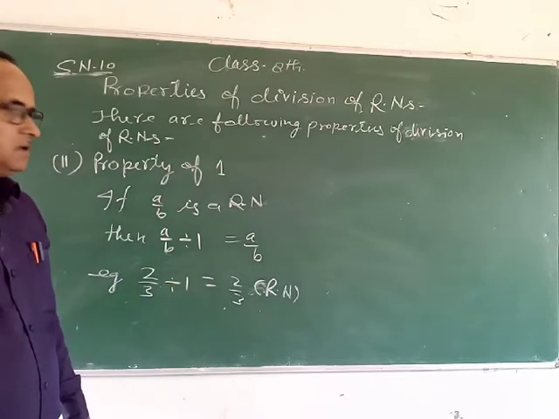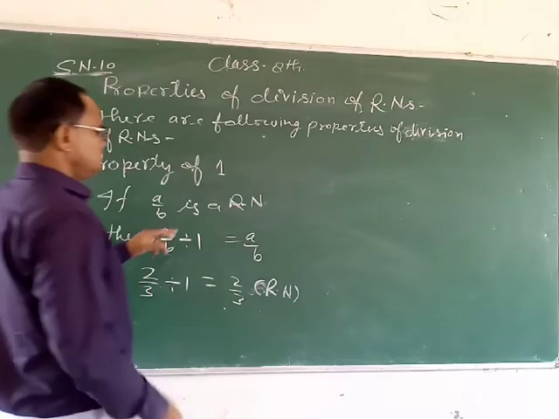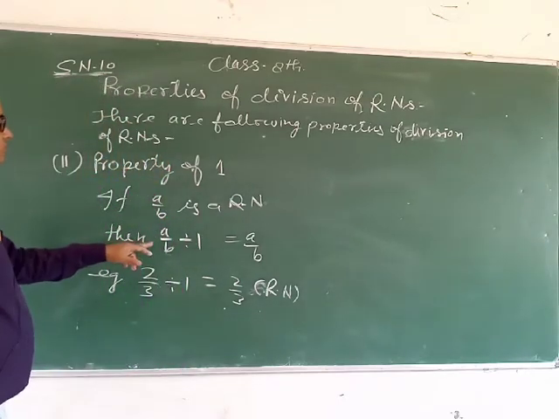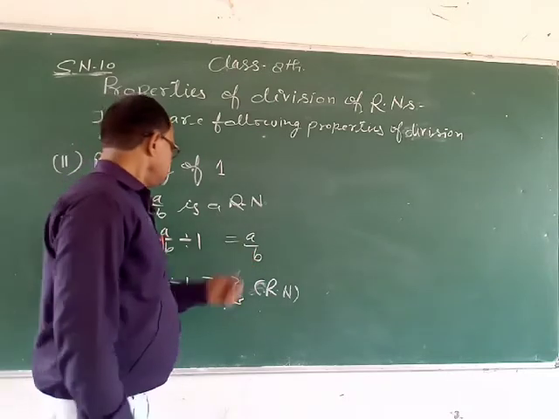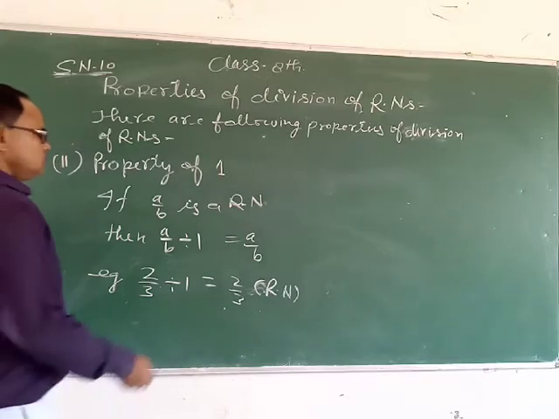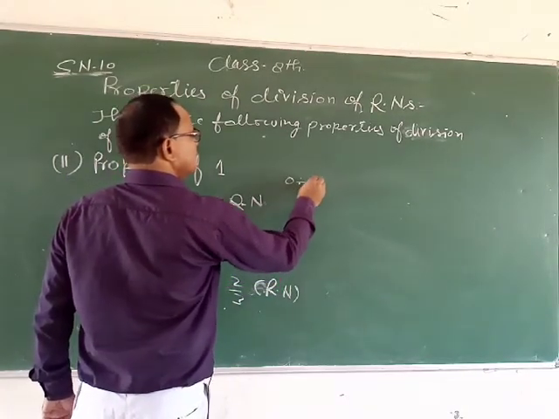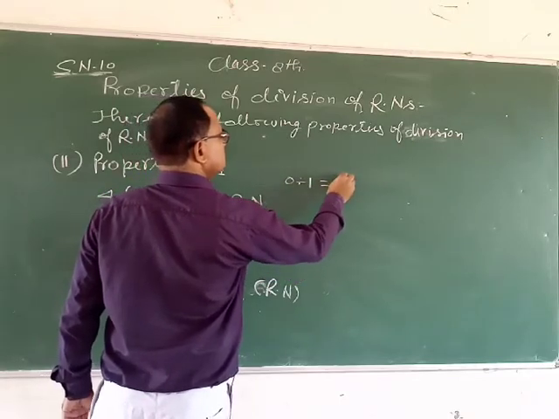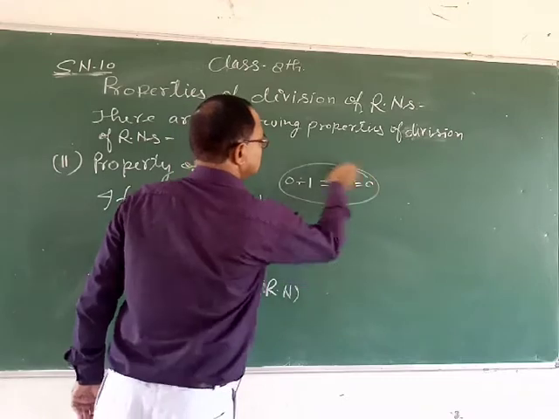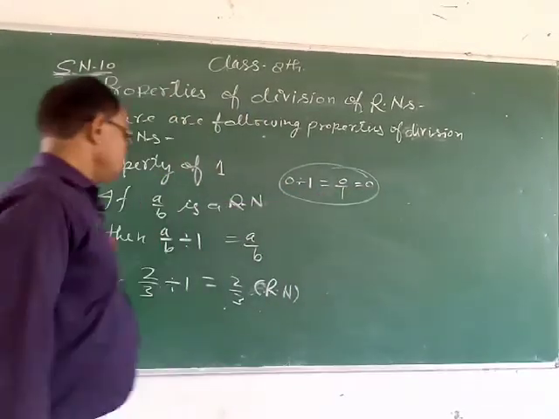Any number divided by 1, we get the same value. Here 0 divided by 1, we get 0. Okay, the same value.